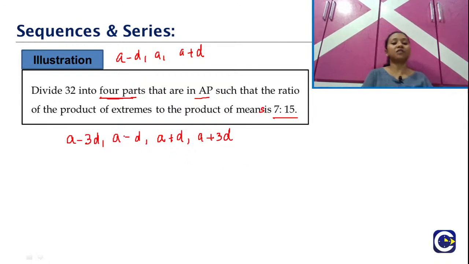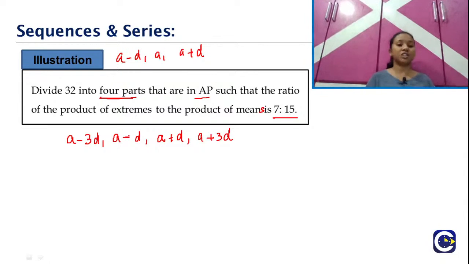So now as we have the 4 parts, quickly try and determine the A value in order to find the condition here. So we have taken the 4 parts in AP.